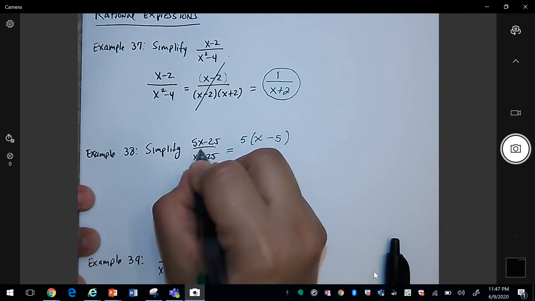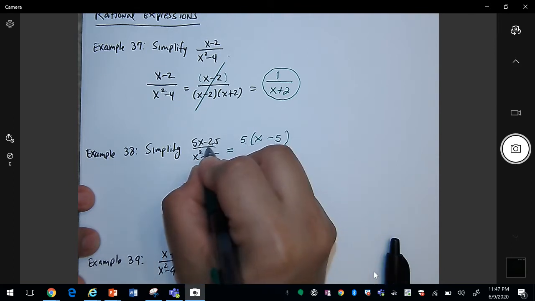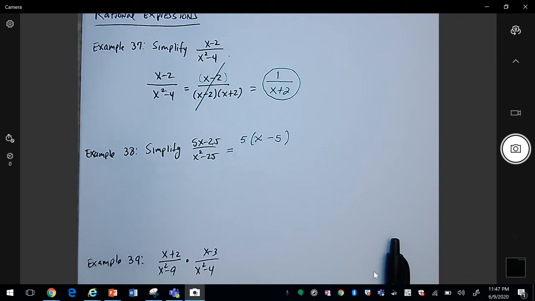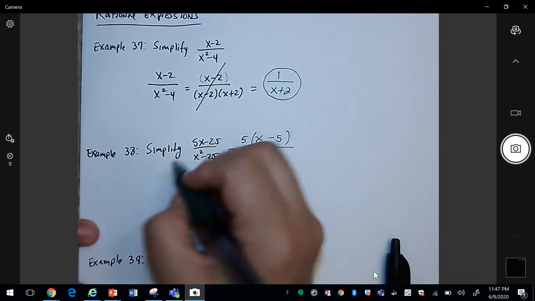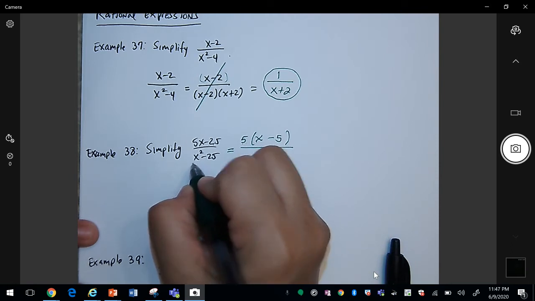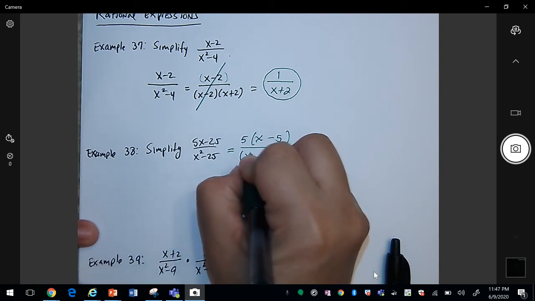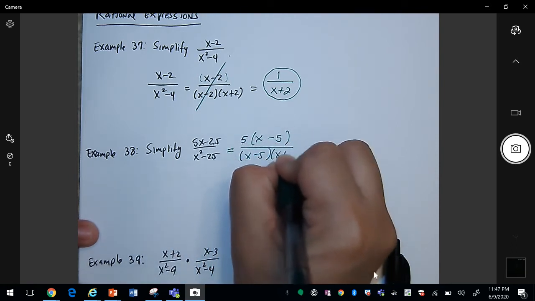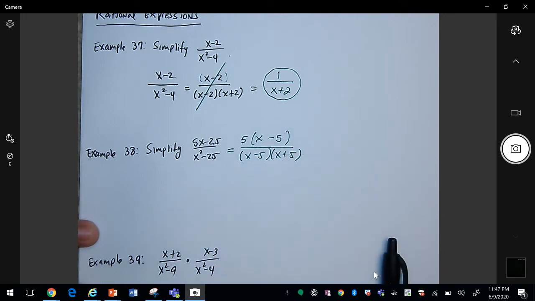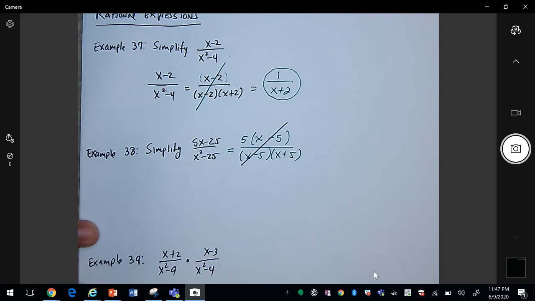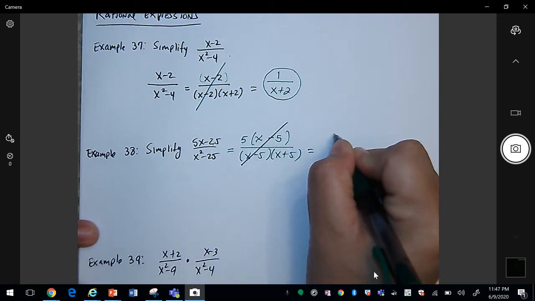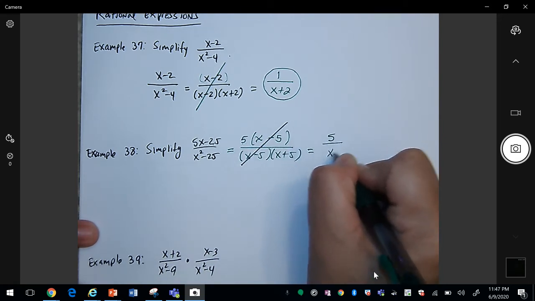So 5 times x is 5x, 5 times negative 5 is negative 25. Divided by x squared minus 25, which can be factored as x minus 5 times x plus 5. And again, you can see that x minus 5 is common to x minus 5 in the denominator. So we're left with 5 divided by x plus 5.